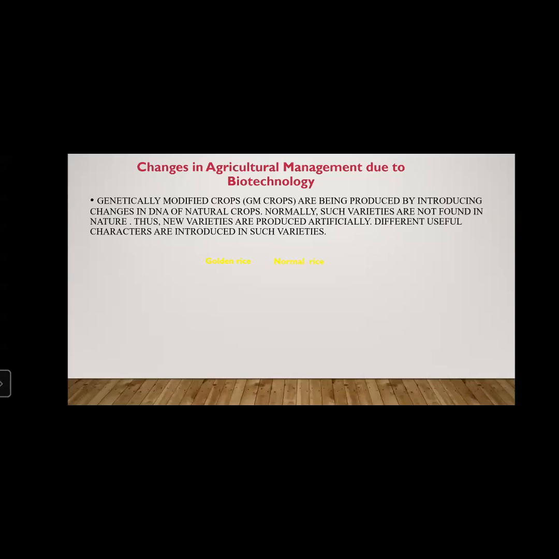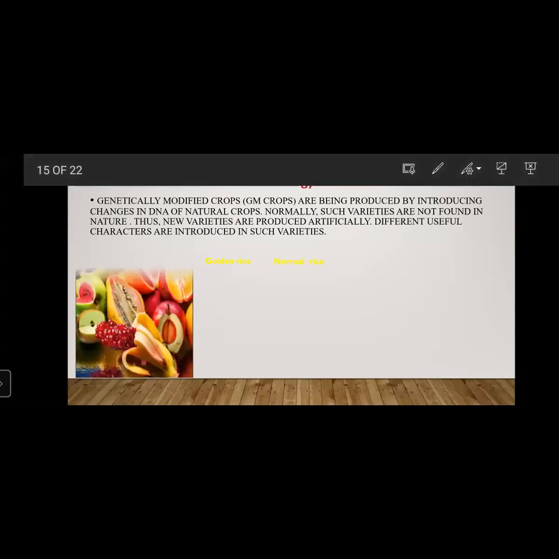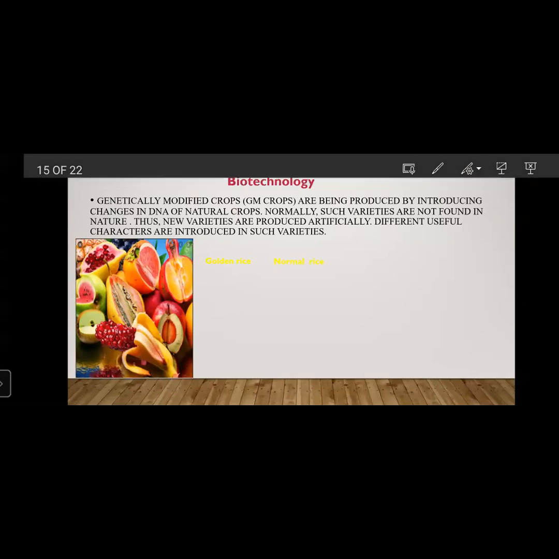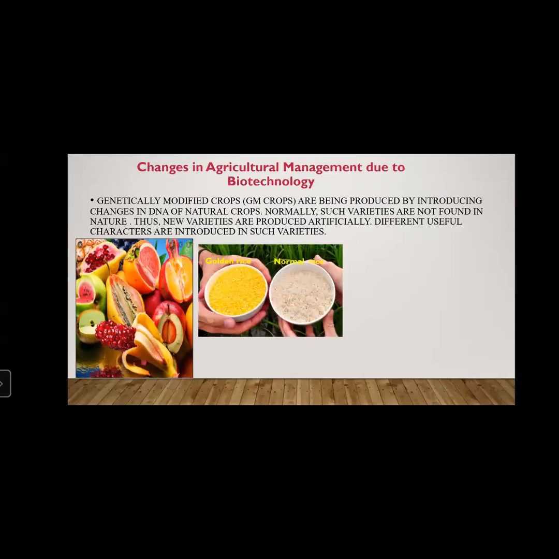GM crops are being produced by introducing changes in the DNA of natural crops. Normally, such varieties are not found in nature. Different useful characteristics are introduced in such varieties. For example, you can see different types of fruits having different colors and textures and also providing extra nutrients as compared to the natural ones.